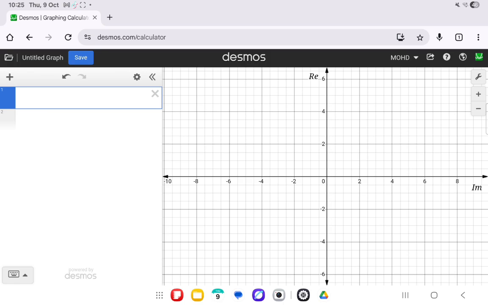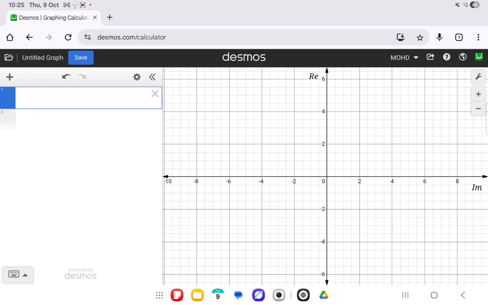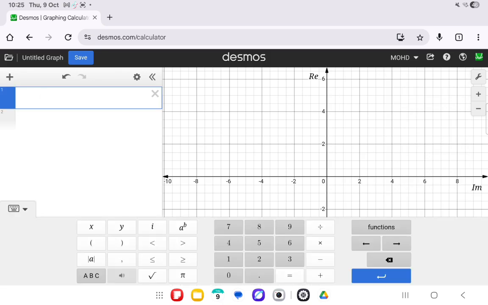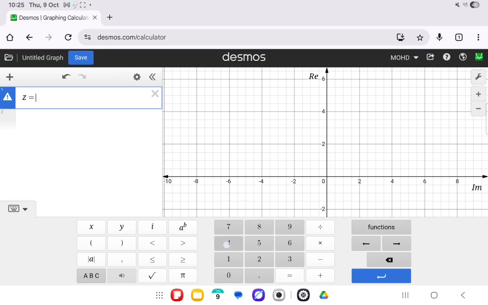But for a complex number, we can write it using the standard form a plus bj by enabling the complex mode. Let's try z equal to 4 plus 3j.